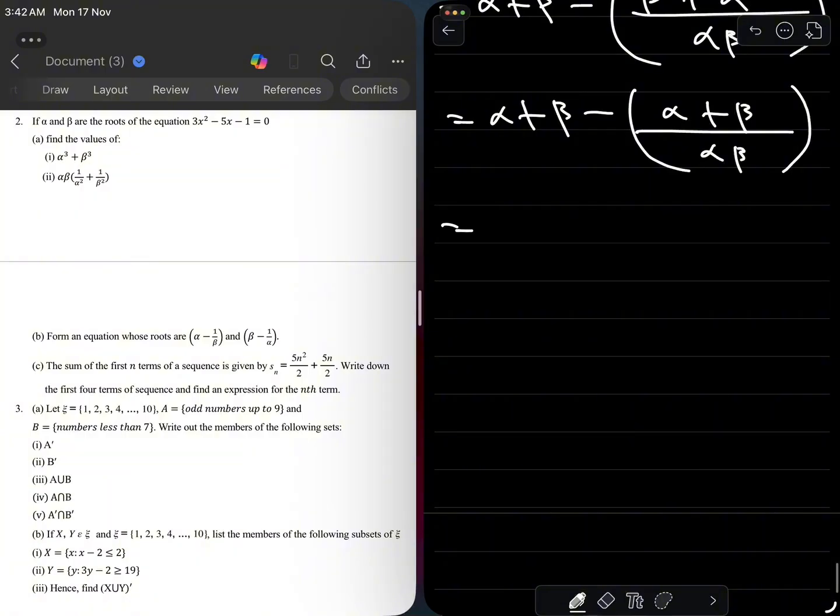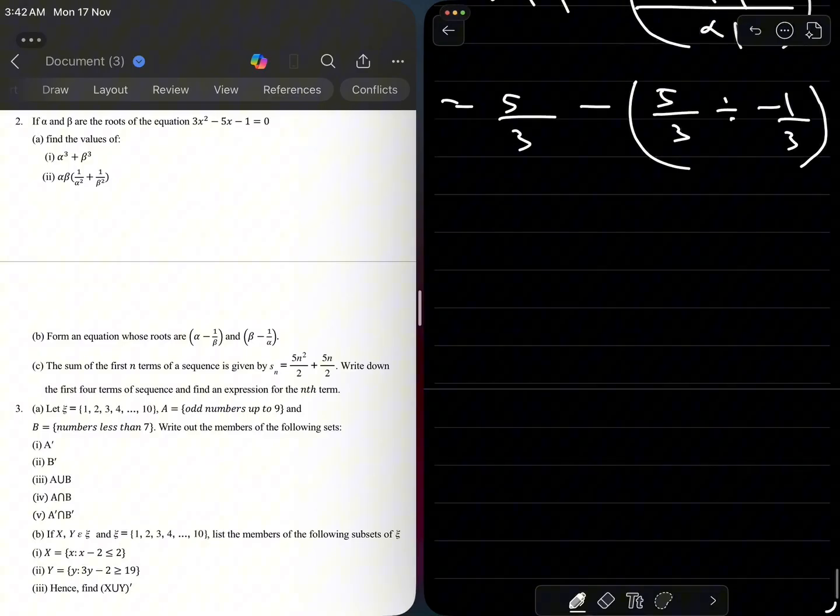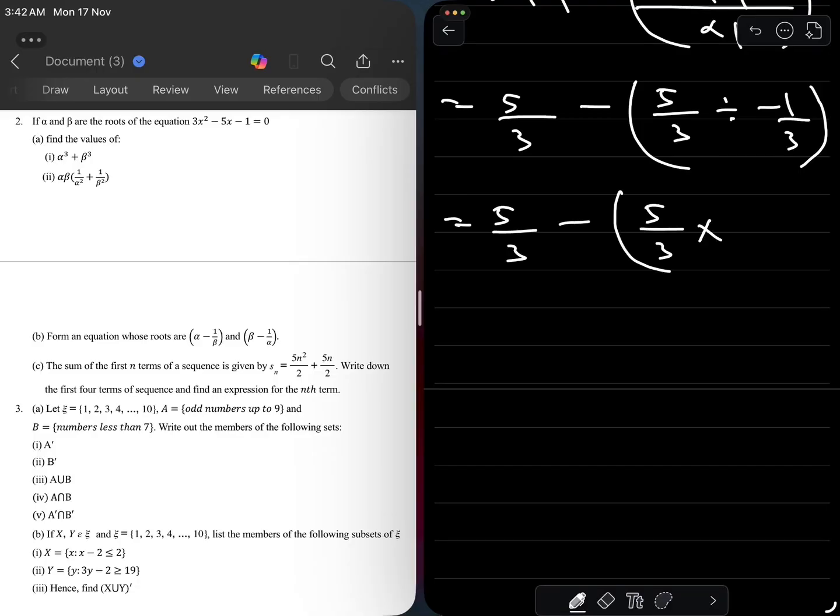And that's equal to alpha plus beta, which is 5 over 3, minus into bracket 5 over 3, which is alpha plus beta, divided by alpha beta, which is minus 1 over 3. And that's equal to 5 over 3 minus 5 over 3 times 3 over minus 1.